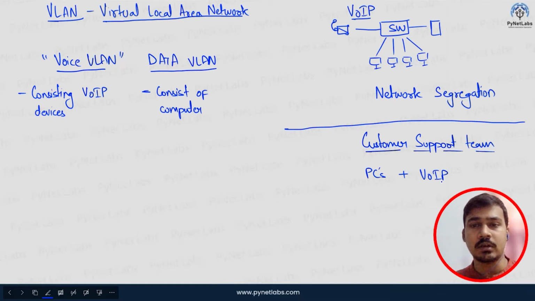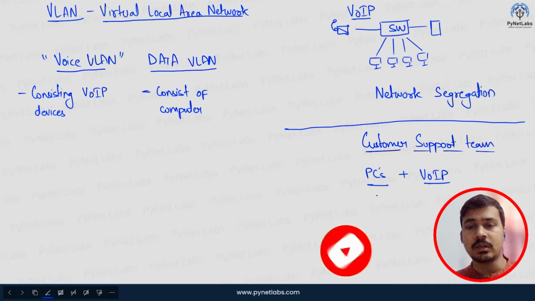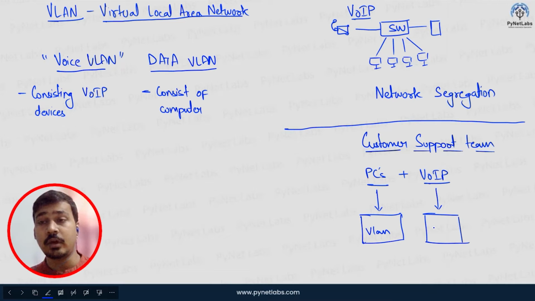They have their intercom through which they can communicate. In order to differentiate the data coming from a PC or from the VoIP, we always create two types of VLAN. All your PCs might be part of a particular VLAN, and all your VoIP data could be in another VLAN.